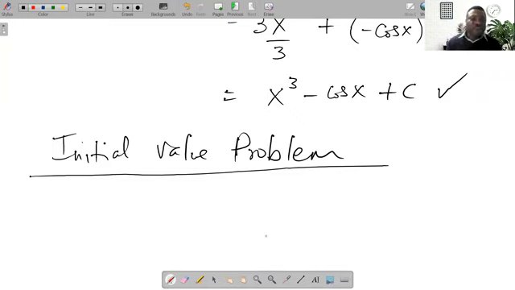But once we attach a C, it doesn't really give us the function that we want because we don't know what C is. So if we want to determine what that C value is, we need to be given some initial conditions that will help us eliminate some other things, and then we can find C. This is the idea of what we call the initial value problems.